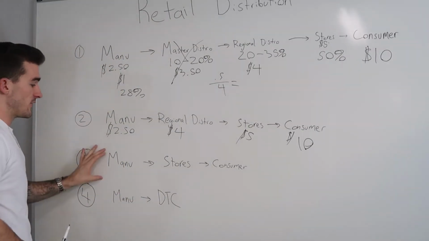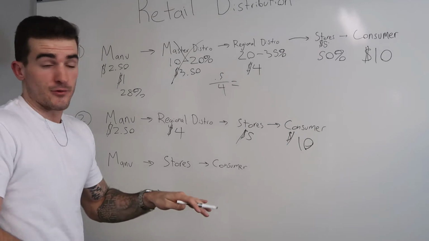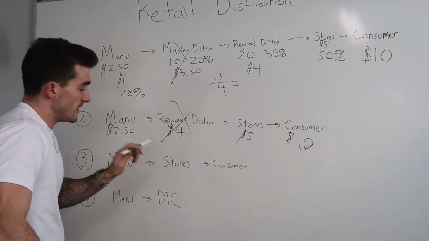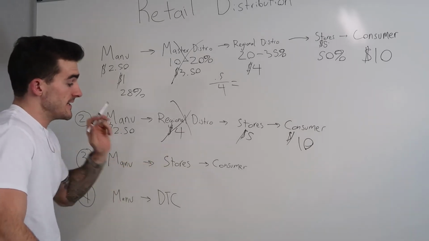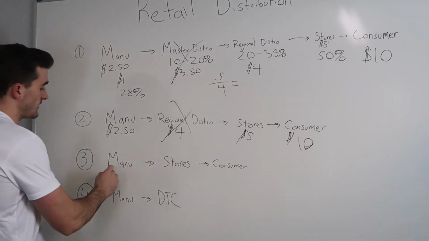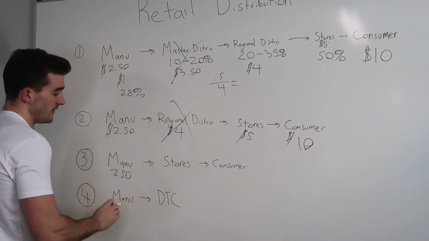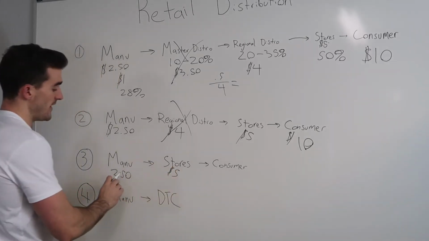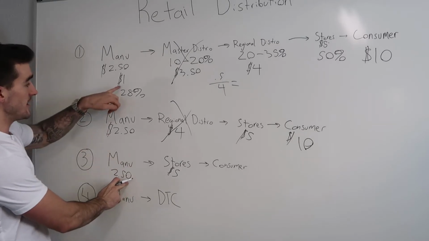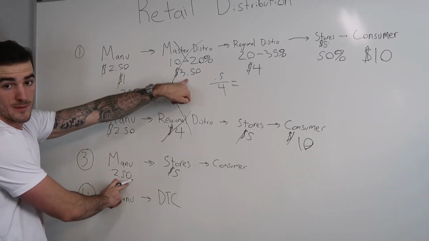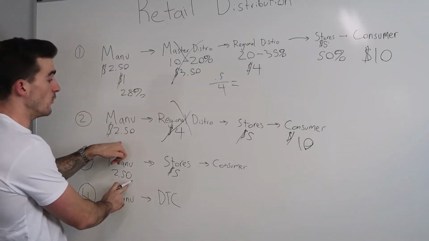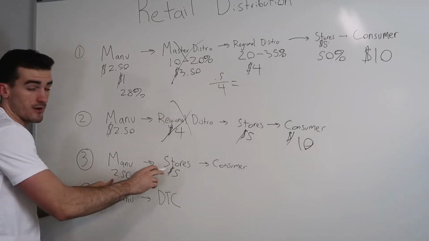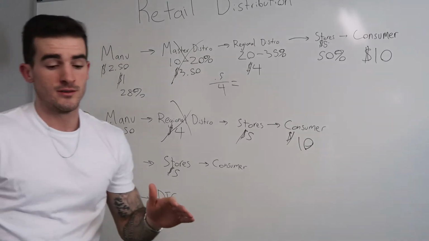So next we have option 3, and that's getting rid of the regional distributors. And that's you selling your product straight to stores who are then going to sell it to the end consumer. So your costs stay the same here, $2.50. The stores, you're still paying $5. So now, instead of you selling your product and making $1 to a master distributor, or making $1.50 to a regional distributor, you're now making $2.50 selling to stores.